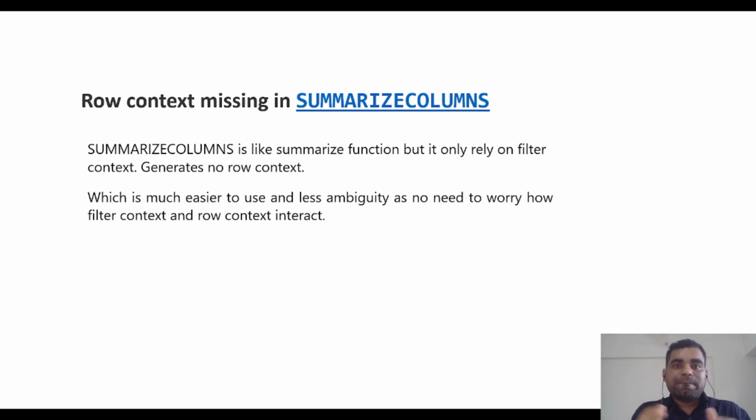But SUMMARIZECOLUMNS only relies on filter context. It doesn't support row context. That helps us remove any ambiguity and makes it more efficient to use.